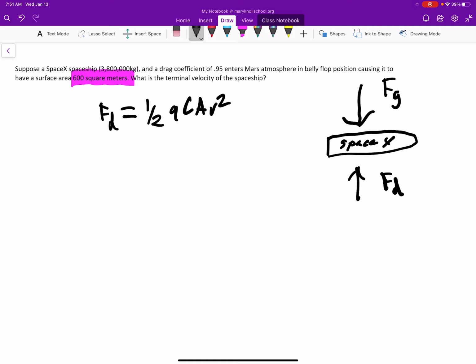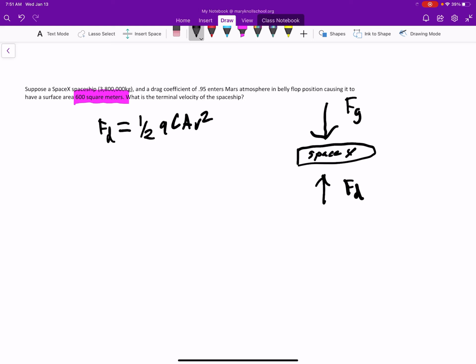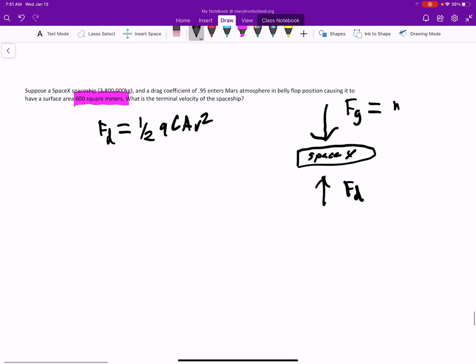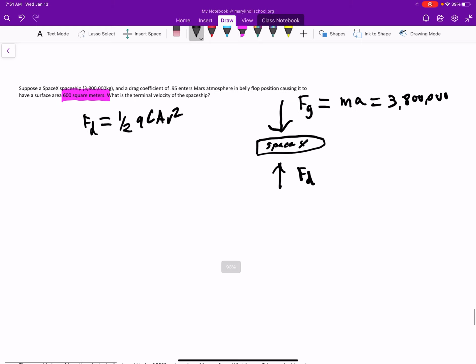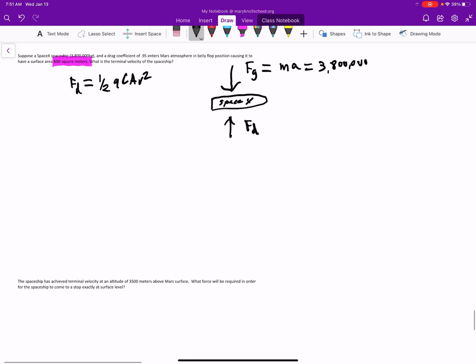Well, that's going to be mass times acceleration due to gravity, right? So that's going to be 3,800,000 multiplied by acceleration due to gravity on Mars.